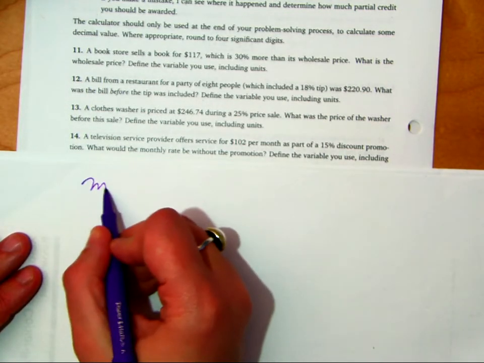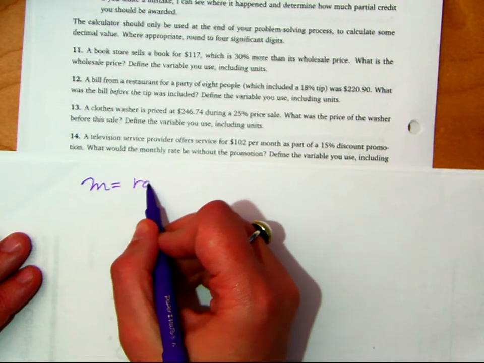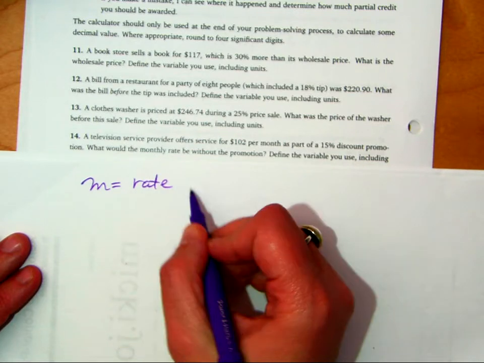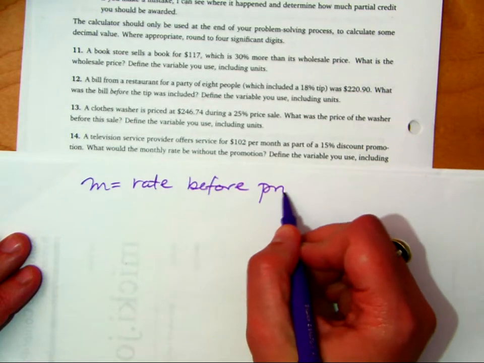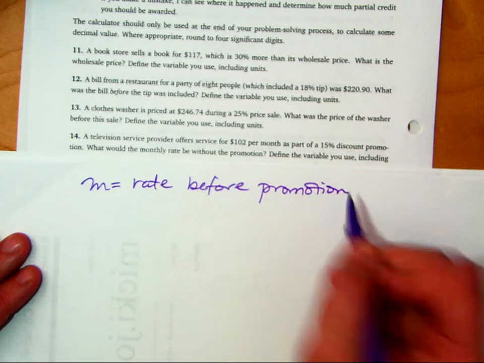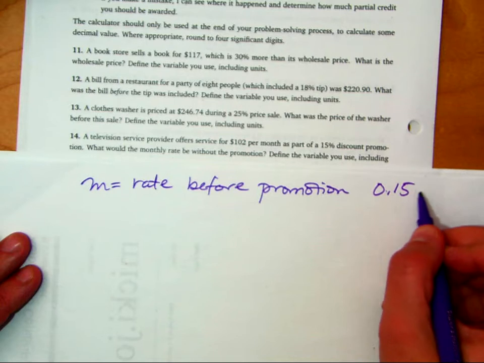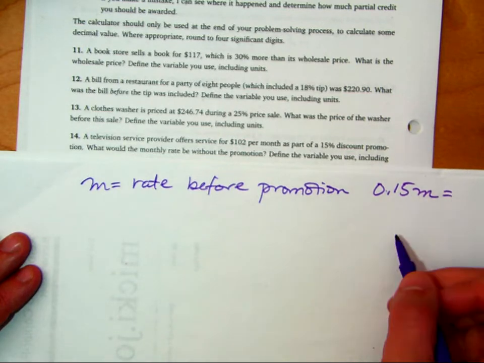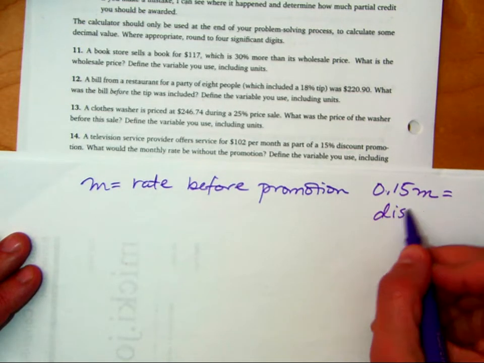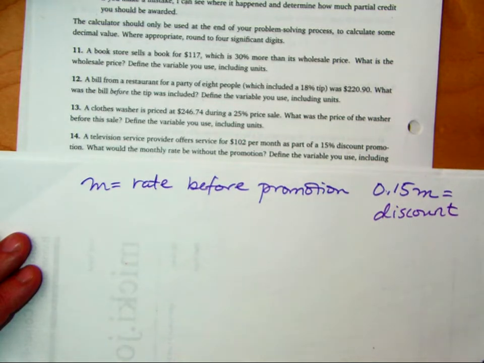So let's do M is the rate before promotion. Okay, the 15% discount is 15% of that is going to be the discount, right? Who can tell me what would be the equation that I would write for this?